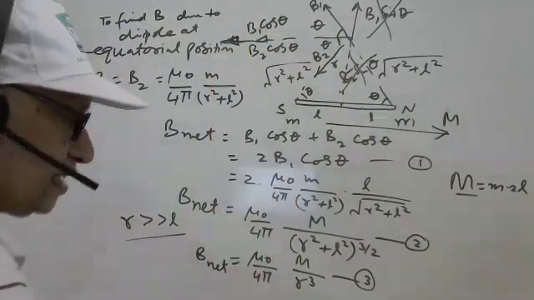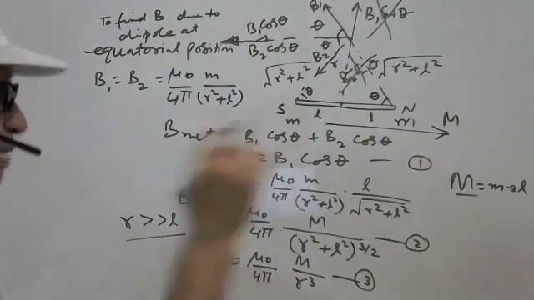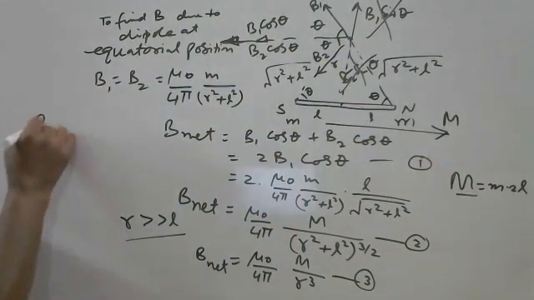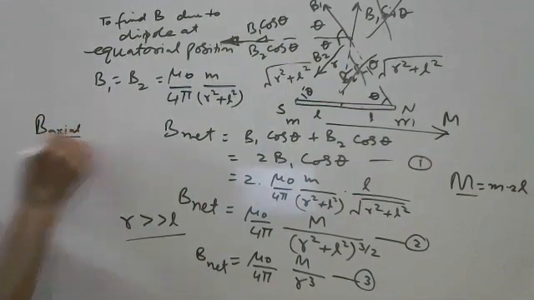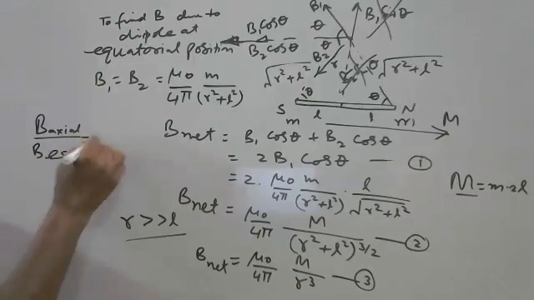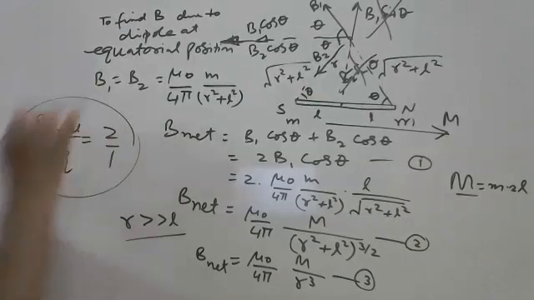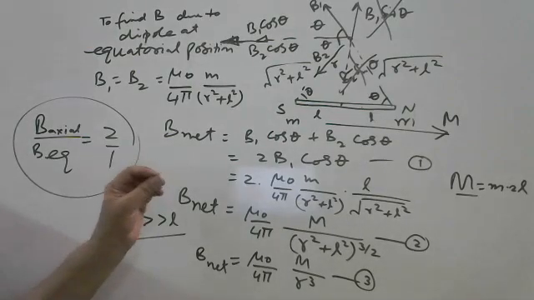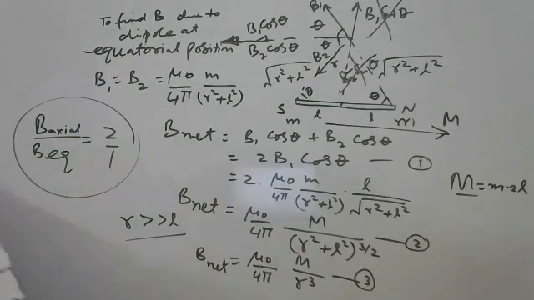Definitely opposite directions. Suppose I compare the axial position at the same distance from the same dipole with the equatorial position, this ratio is 2 by 1. Just like in electrostatics, this is a photocopy of electrostatics.